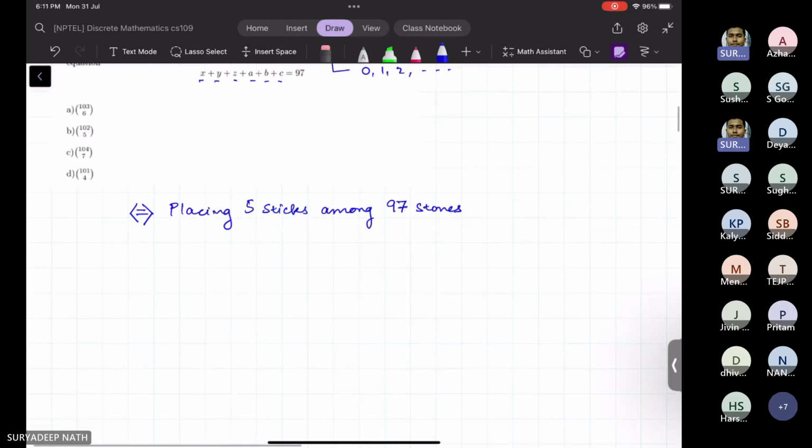The sticks represent the plus signs and the stones represent the numbers. So it looks something like this.